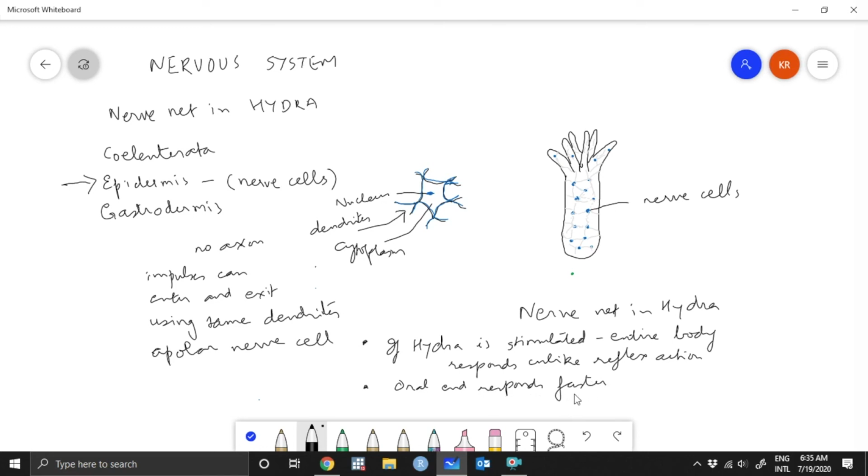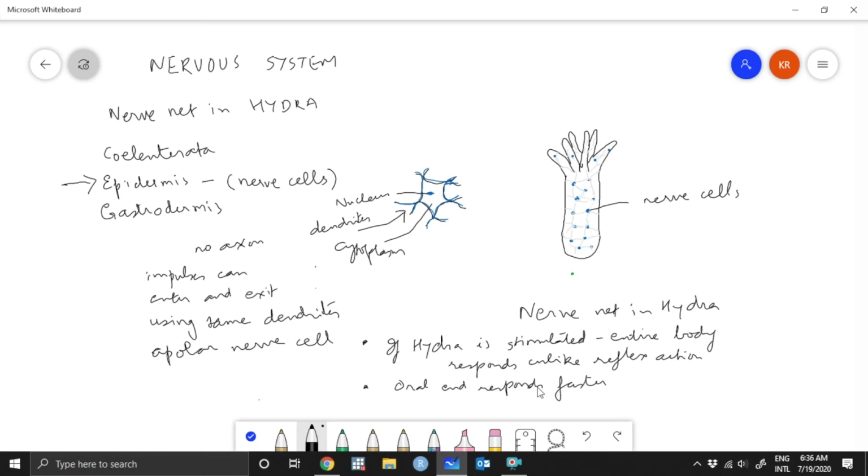So if the oral end responds, that's sufficient for it to escape, that is sufficient for it to find food, which is most important for it. And if you recollect, in the topic of nutrition, we said that it finds its food with the help of tentacles, and on the tentacles there are cnidocytes present. So these cnidocytes, they help to capture food.